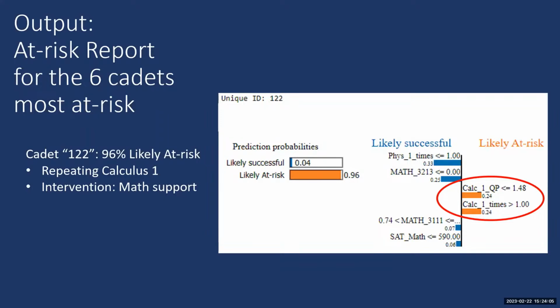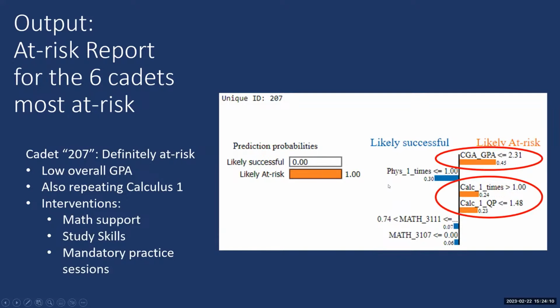Okay, and similar to the student that had a lower GPA, linking that to potential study habits and also getting them into rigorous courses.